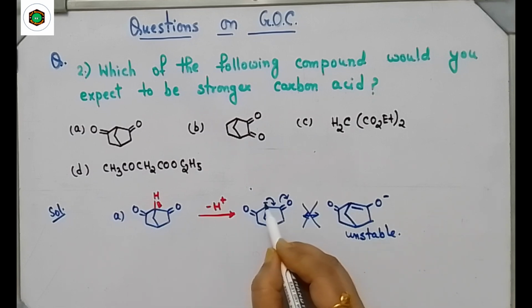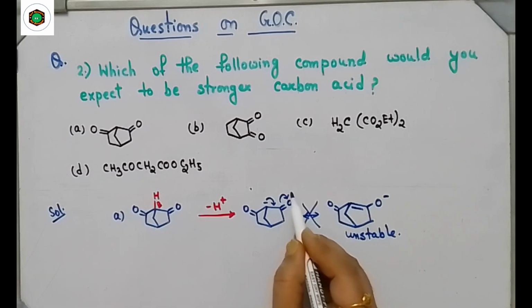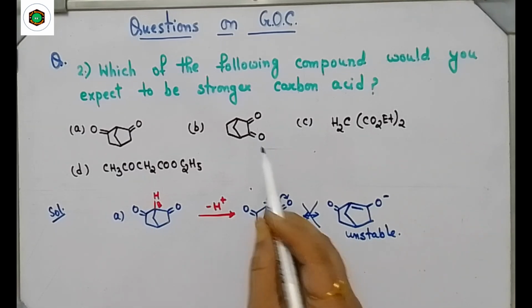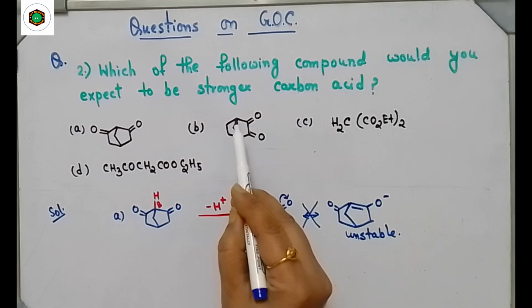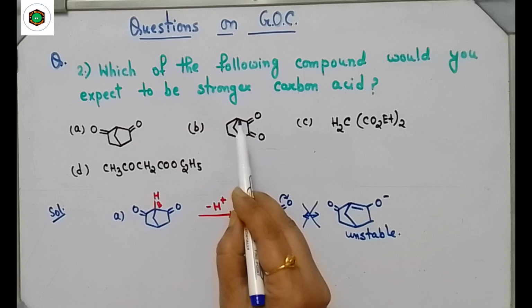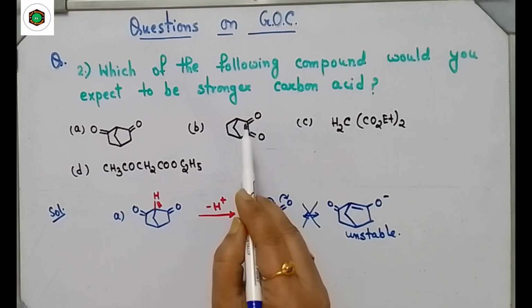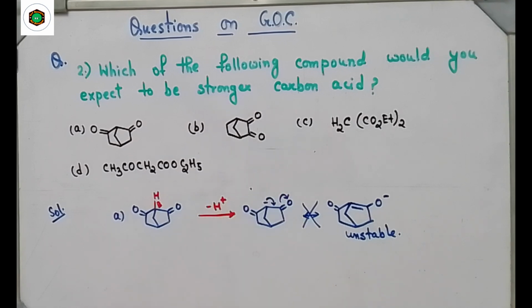So only this negative charge will get stability due to the minus I effect of these CO groups. Okay. Here also same thing. Here after removal of H plus we will get the carbanion which is not stabilized by resonance. Only to some extent it will be stable due to the minus I effect of the CO group.